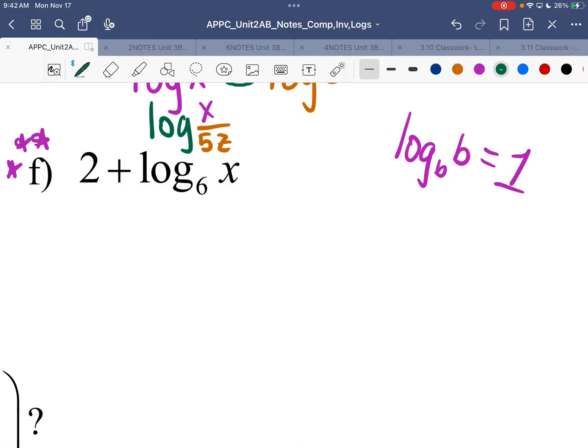So looking, Carolina said it, we have a 6 down here. So we have to use a fancy form of 1 for logs. This 2 needs to be multiplying log base 6 of 6, because that's a fancy 1.